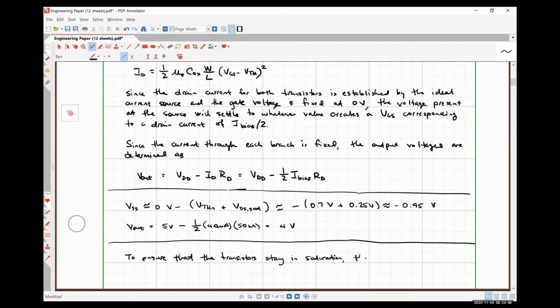The drain voltage with respect to the source, VDS, must always be higher than the gate voltage, VGS, minus the threshold voltage.